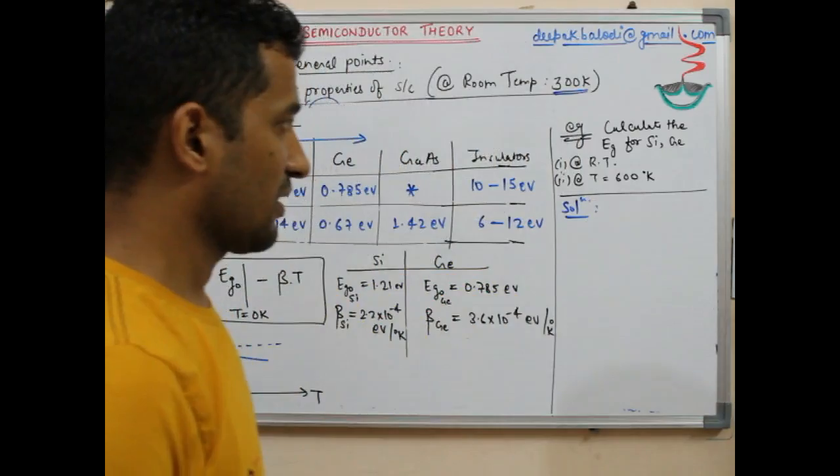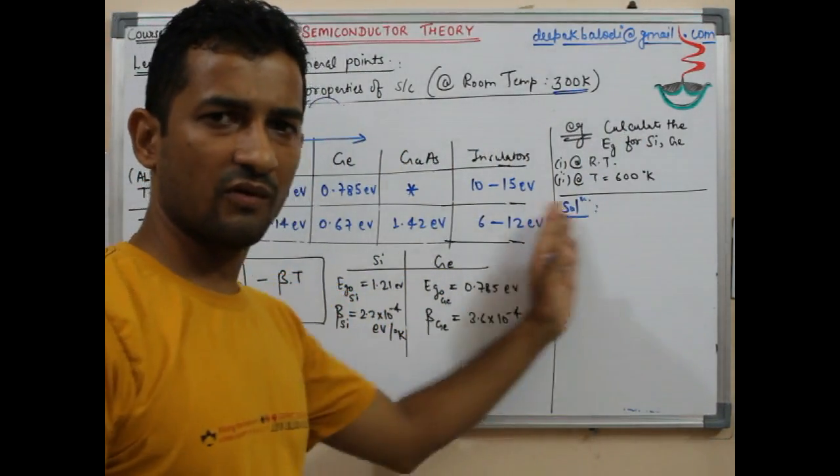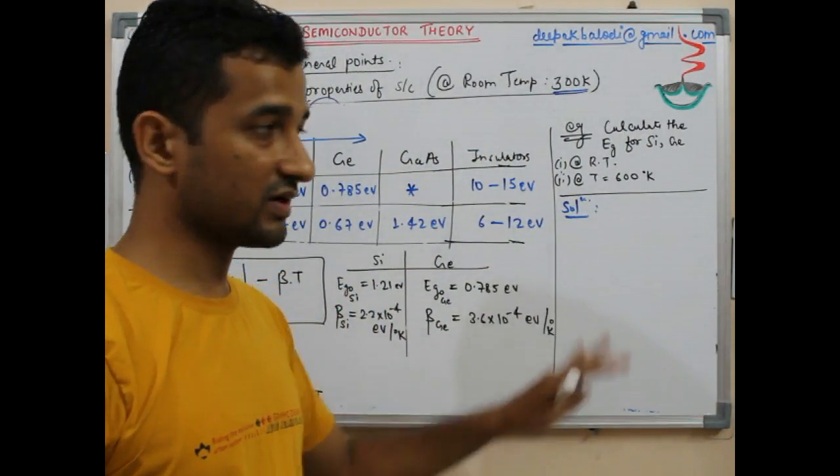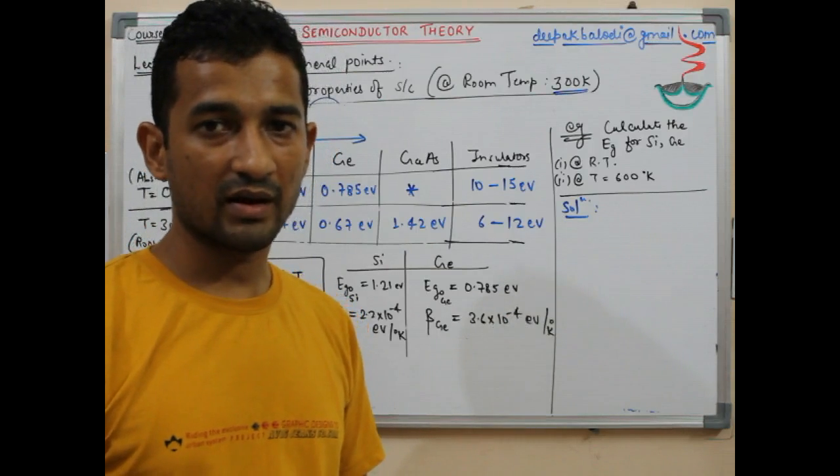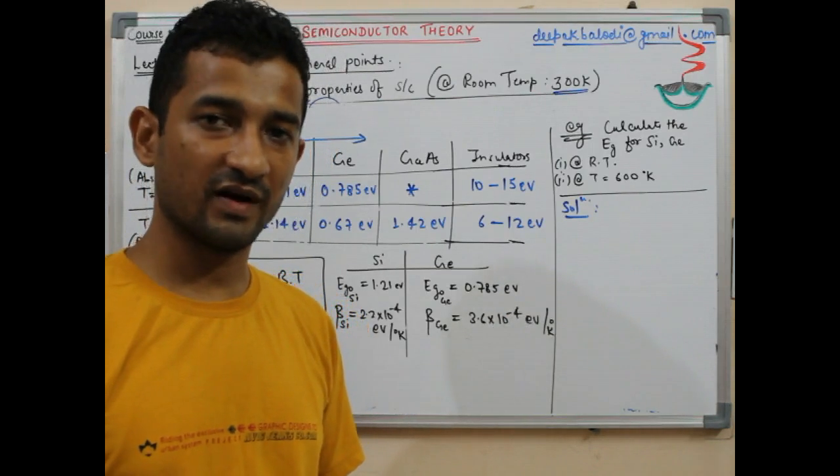This is not a very tricky one; you simply have to put in values and get the answer, but it helps to understand the range of band gap and how much temperature affects it.